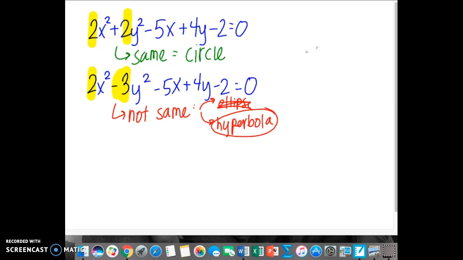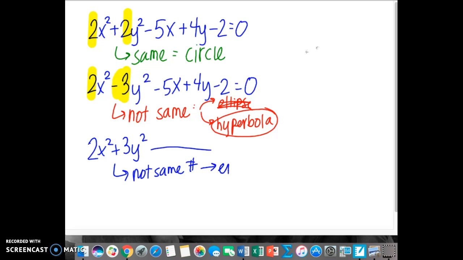Another example, if these were just 2x squared plus 3y squared and everything else was the same, since these are not the same number, but they have the same sign, that tells us we'd have an ellipse.